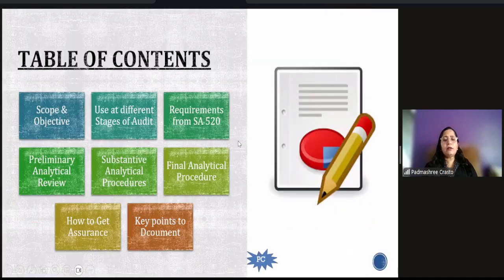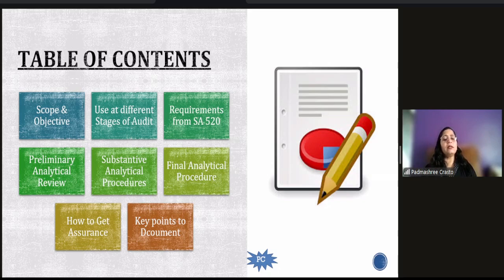So starting with that, we are going to look at a few aspects of the scope and objective of SA 520, use at different stages of audit, what the requirement of SA 520 is, and then the preliminary analytical review, the substantive analytical procedures, and the final analytical procedures. These are different stages, and the analytical procedure is called by different names at different stages of the audit.